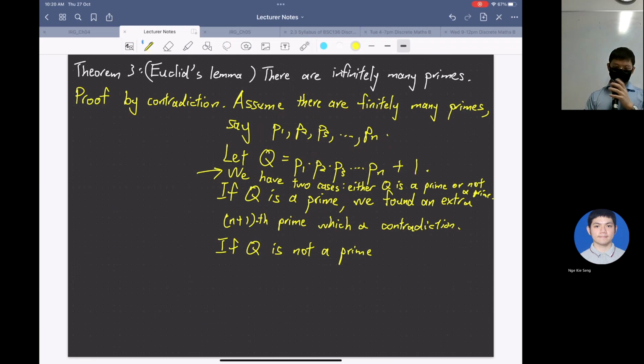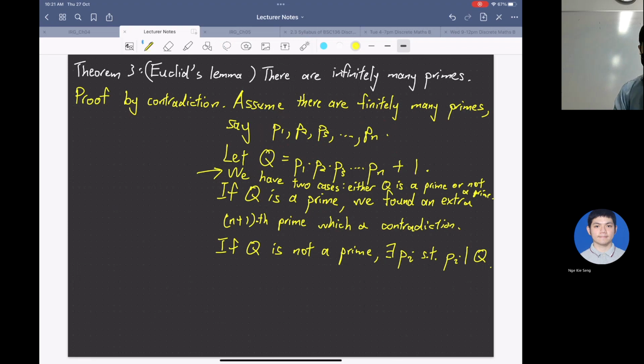Both cases you need to check. Suppose Q is not a prime. Not a prime means it is composite, so there's a prime divisor, and there are only n primes, so one of them divides Q. Let's pick one of them. Since Q is not a prime, there is some Pi such that Pi divides Q.